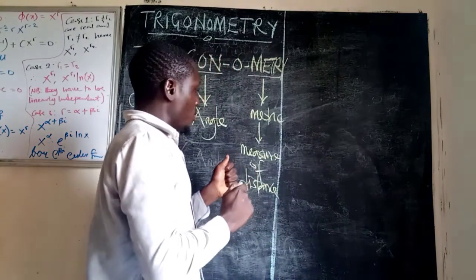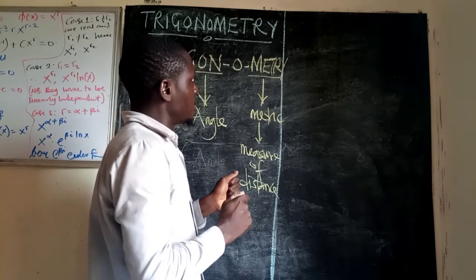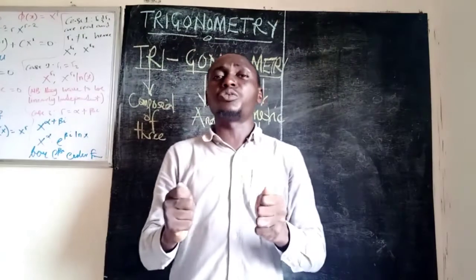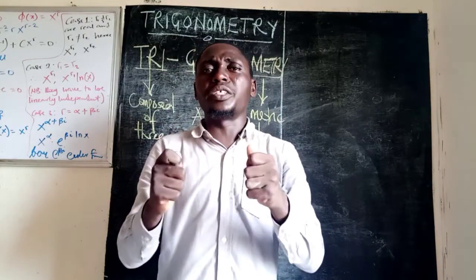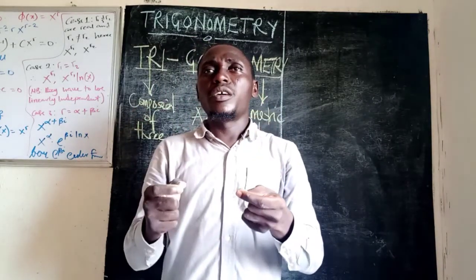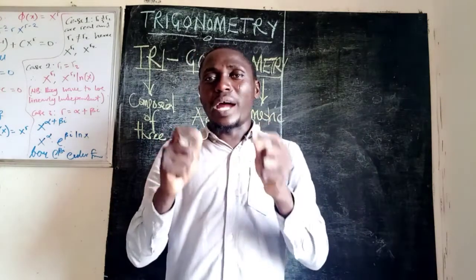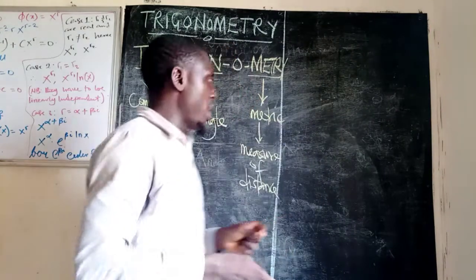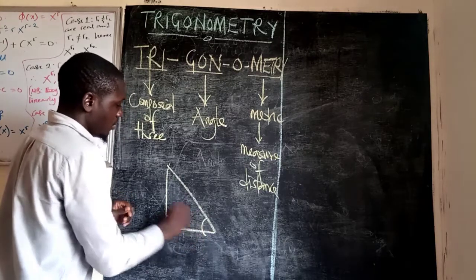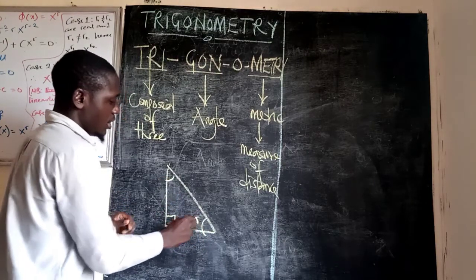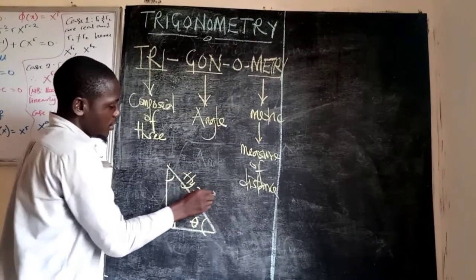Before we conclude the explanation on what trigonometry is all about, we must say that trigonometry is often used especially for a right-angled triangle, where we have the hypotenuse.